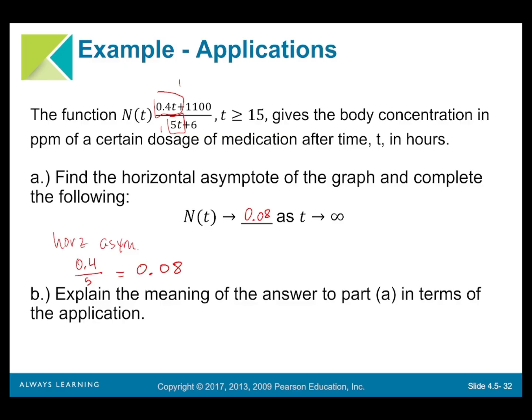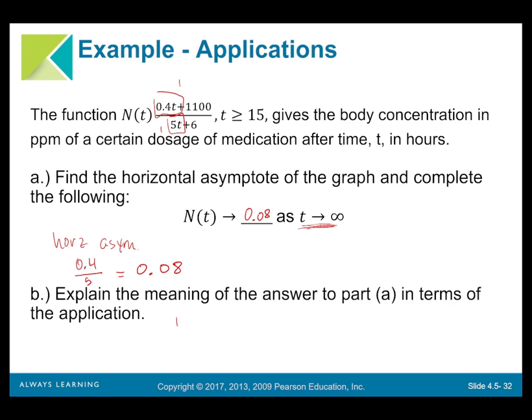We say, oh yes, as my t value gets really, really large, so I'm really far to the right on the graph, I know my n of t is settling in on the number 0.08. But what that means in terms of this application is that the value of that drug in someone's body over time is going to settle in on 0.08.